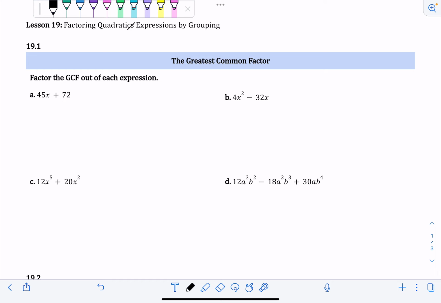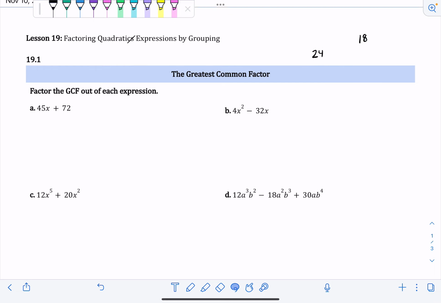19.1a, or problem A, says factor the GCF out of each expression. Before we get into these problems, I want to review what the greatest common factor is. If I have two numbers, let's say 24 and 18, and I want to find the greatest common factor between them, I can list the factors of each.